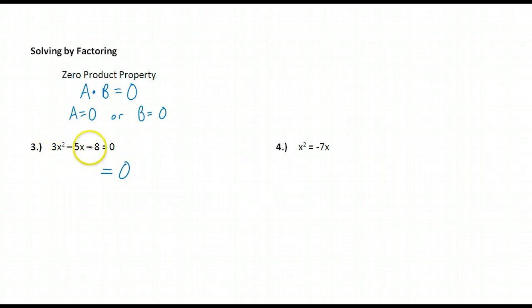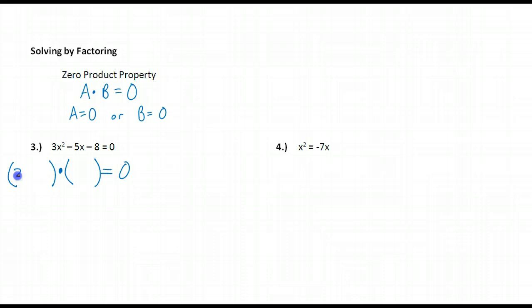And I want to rewrite this trinomial as something times something. So how do I rewrite a trinomial as a product? Well, in order to rewrite a trinomial as a product, I need to factor.